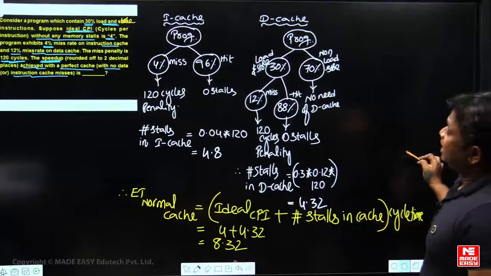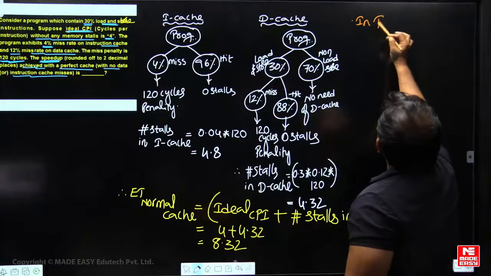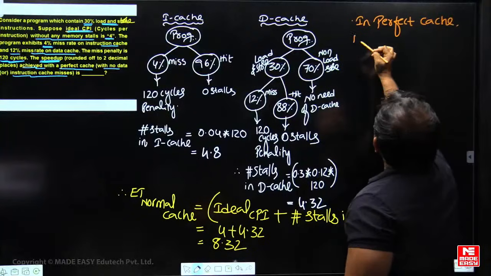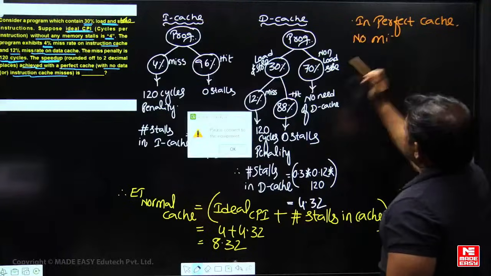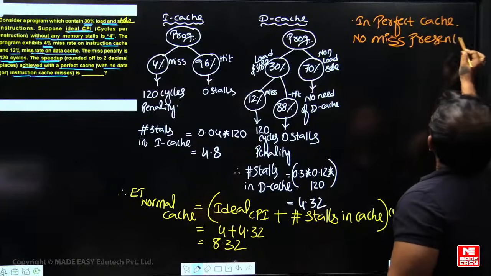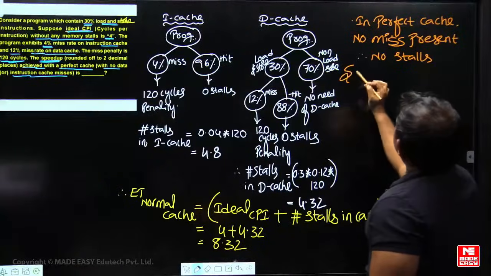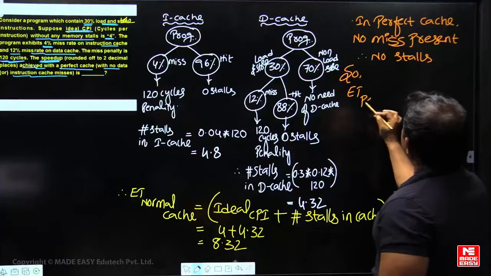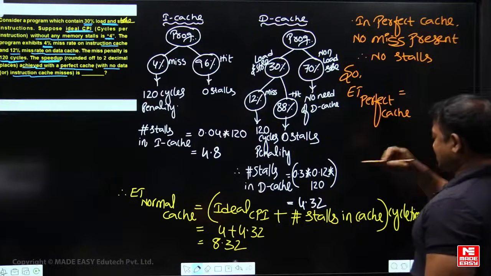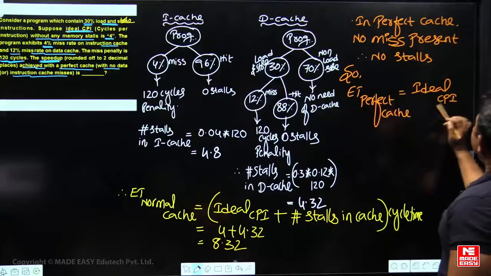Okay. Perfect cache execution time has no stall. In perfect cache, no misses. Therefore, no stall. So, execution time of perfect cache equals ideal CPI only into cycle time.